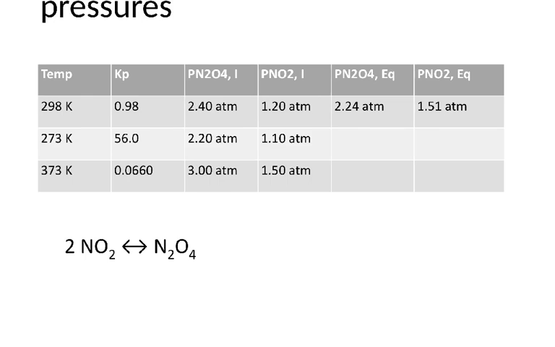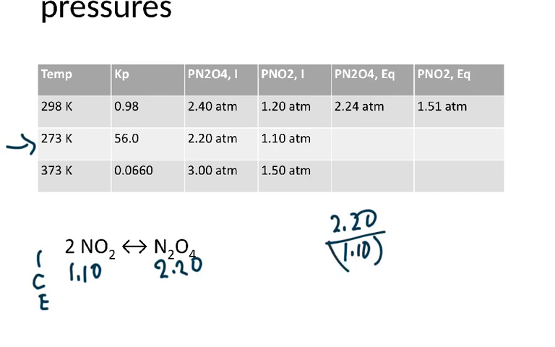So let's work through this one a second. We know our ice table here, our initials of N2O4 is 2.20, our initial of NO2 is 1.10. 2.20 over 1.10 squared gets me a Kc or a Kp value of 1.8.